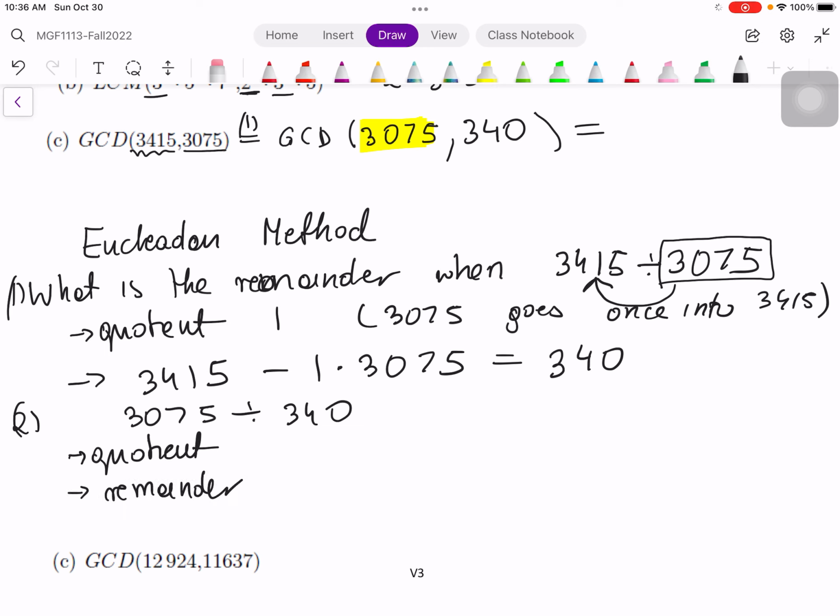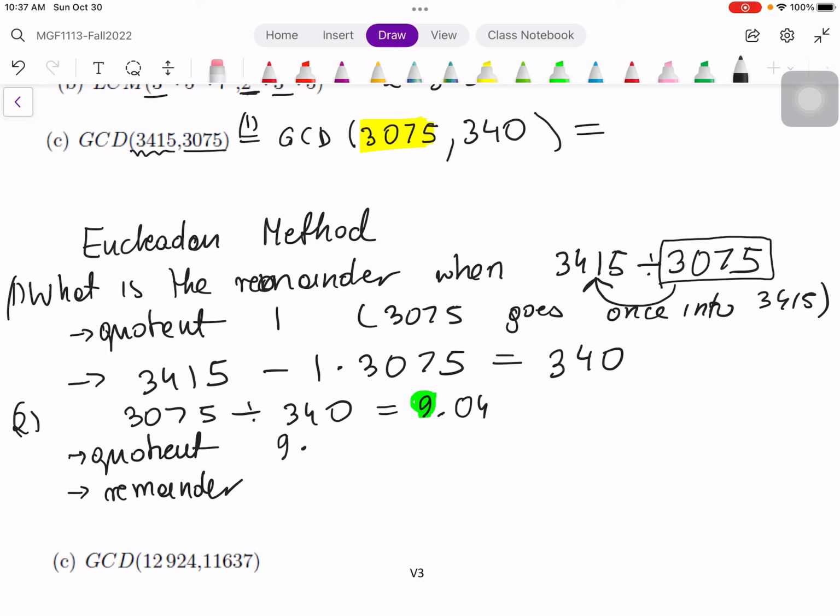First you can grab a calculator and do this division. 3075 divided by 340. When I typed it on a calculator, I got 9.04. That tells me it fits fully 9 times. That's my quotient.